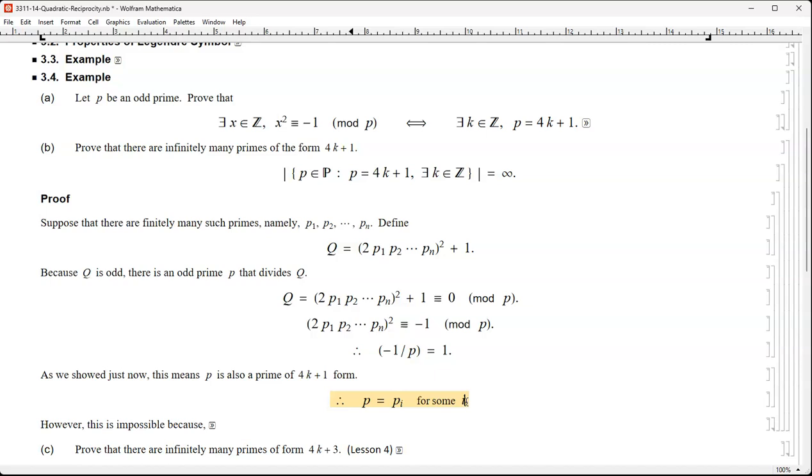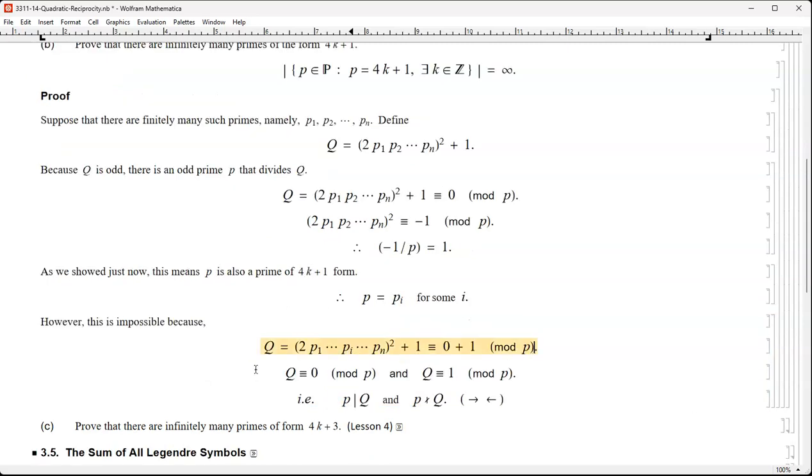So what do we get? This capital Q is congruent to 0 mod Pi. And then look at this part. That's 0 because we multiply by this Pi.